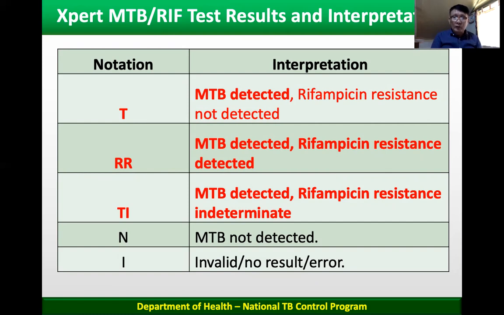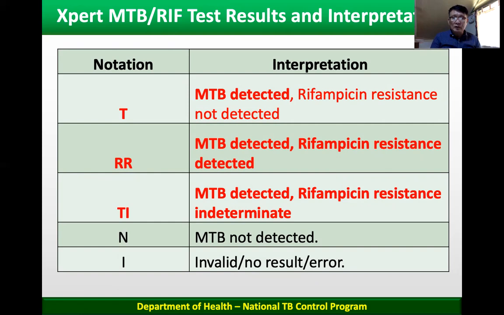Okay, so what is N? We are now on the black ink. That means it is negative for MTB; the interpretation is MTB not detected. I represents invalid, no result, or error.